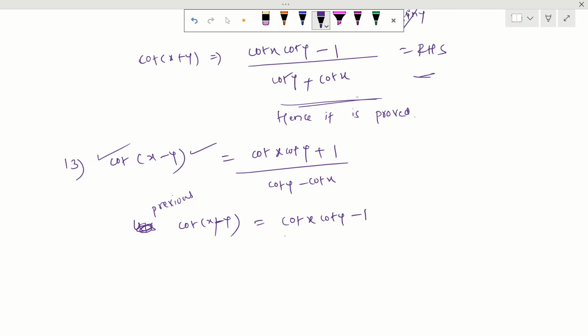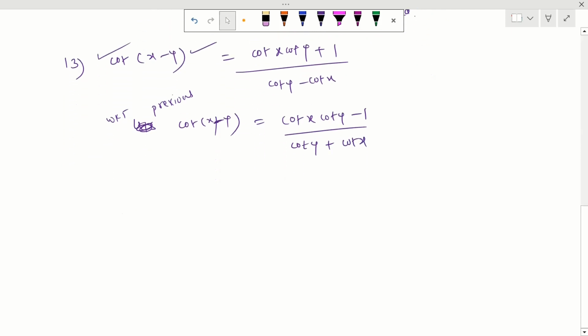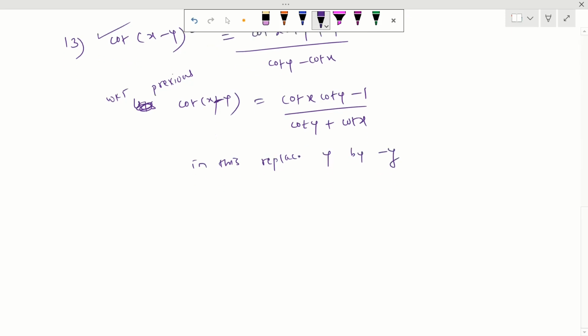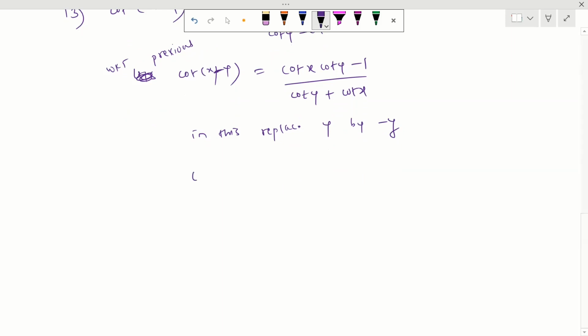Cot x cot y minus 1. So we know that cot of x plus y is equal to cot x cot y minus 1 divided by cot y plus cot x. In this equation, replace y by minus y, then it is x minus y, right?